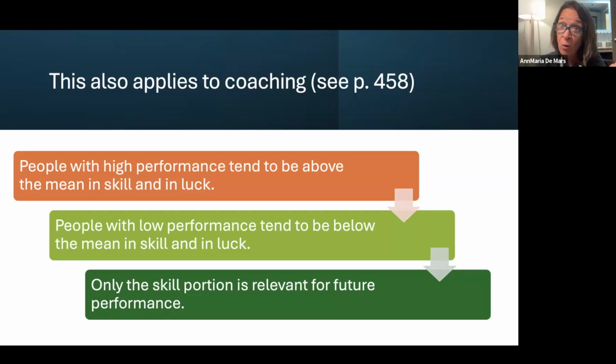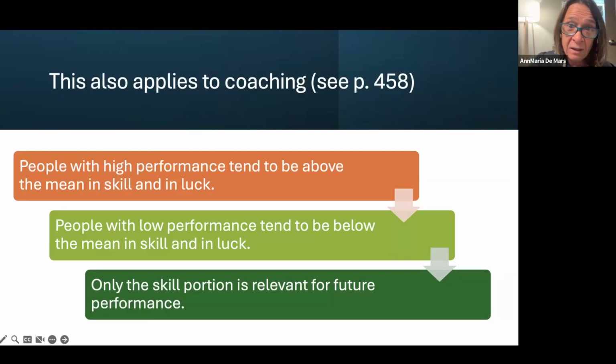And when people did extremely poorly and he screamed at them, they tended to do not as poorly the second time around. That goes exactly with what we just said about extremely high and extremely low scores having factors of both skill and luck, and that only the skill part is going to be replicated.